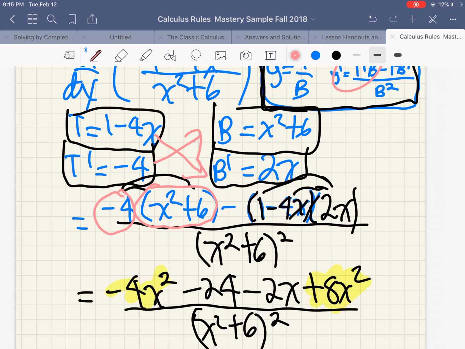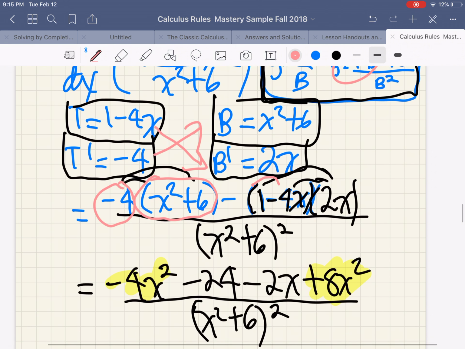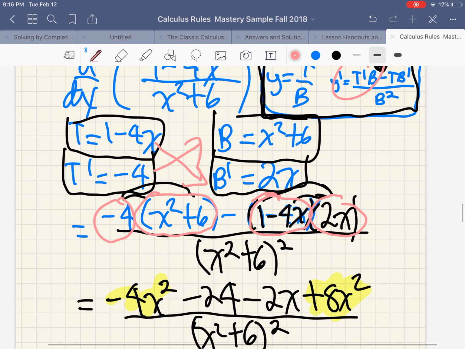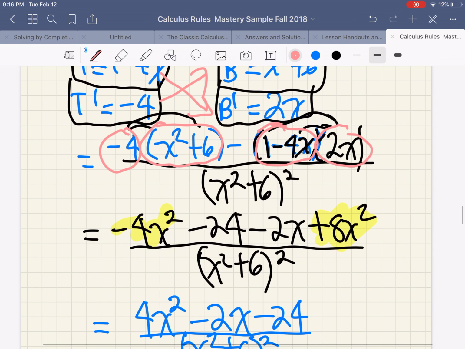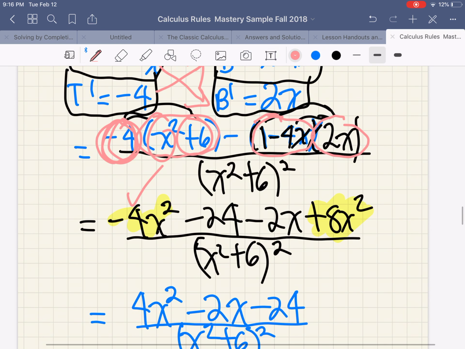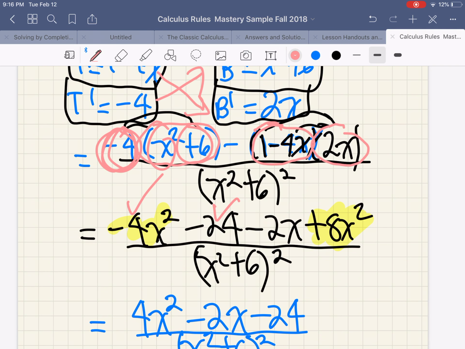Next, I do the top bottom prime, so there's the top right there, 1 minus 4x, and I multiply that by the bottom prime, which is 2x. After this, we expand out. So -4 multiplied by x squared is -4x squared. -4 multiplied by that positive 6 is -24. We have that. On to the other side of the minus sign here.